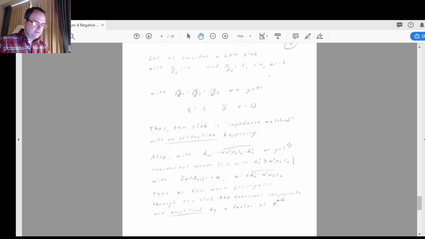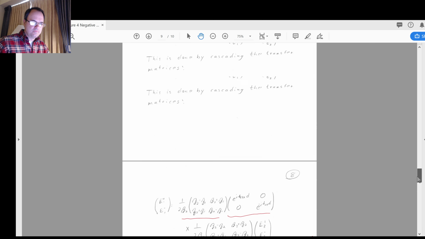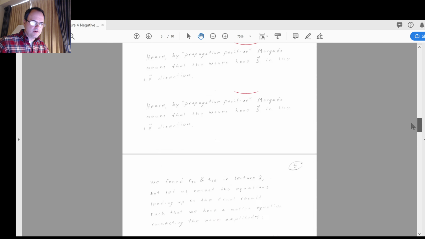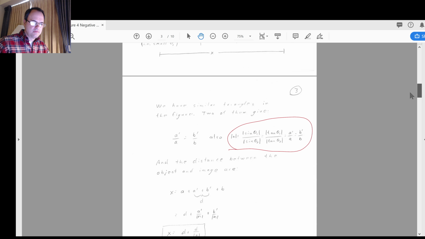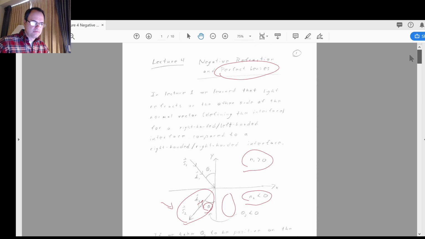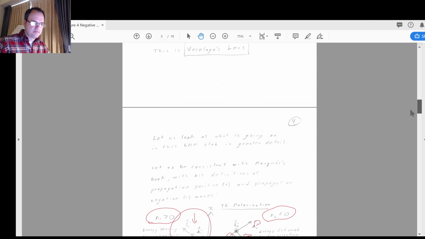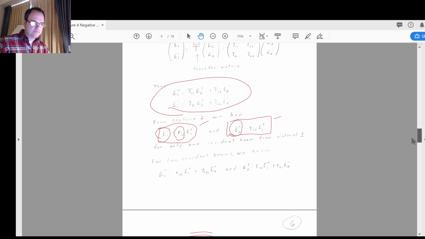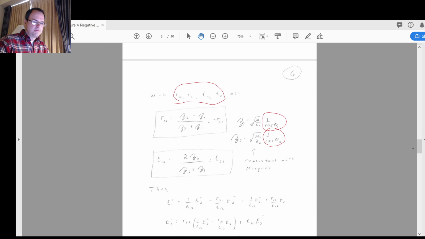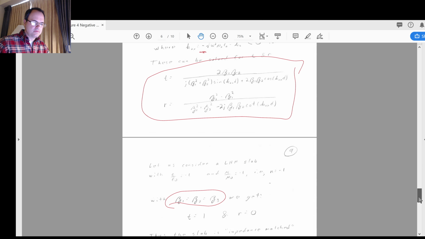In this case, what you find when you plug mu and epsilon back into your impedance formulas, which I introduced way back, right there, you see that Z1 is equal to Z2 is equal to Z3.